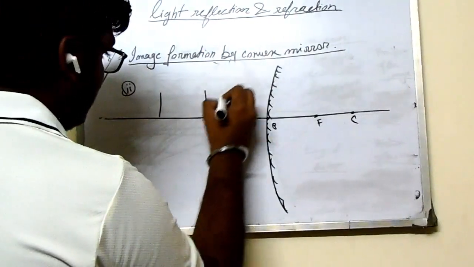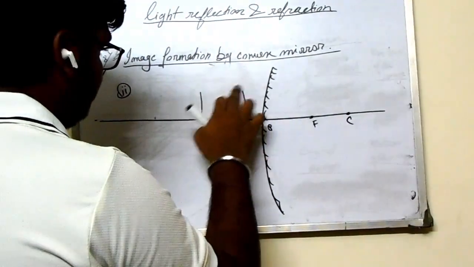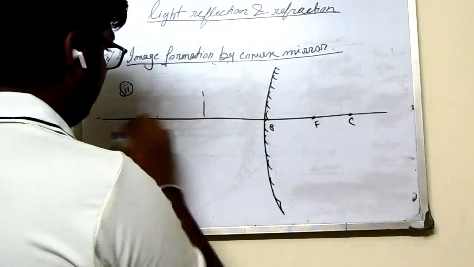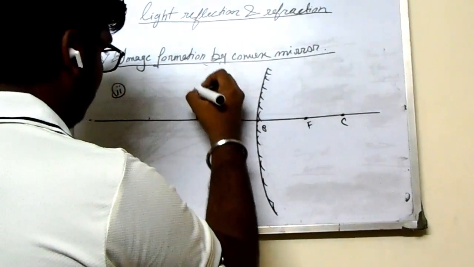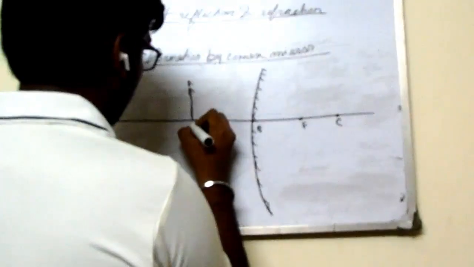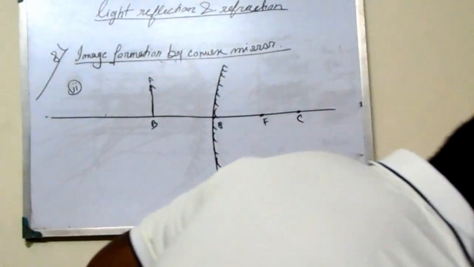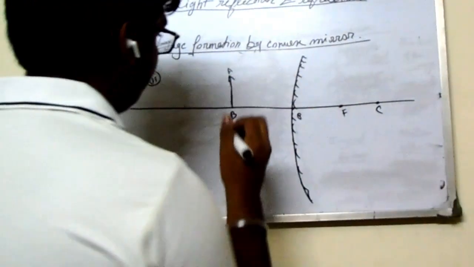Suppose here, suppose here, suppose here. Let it be this one. All are the same, A, B.